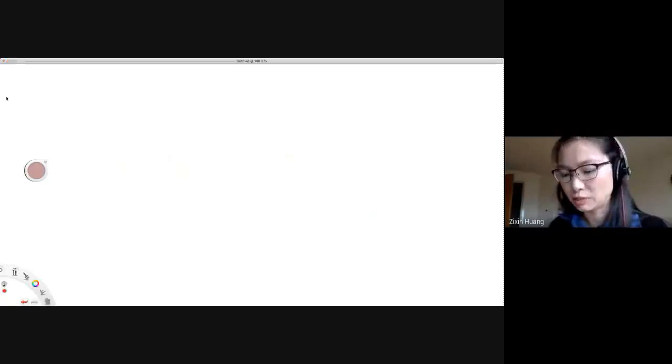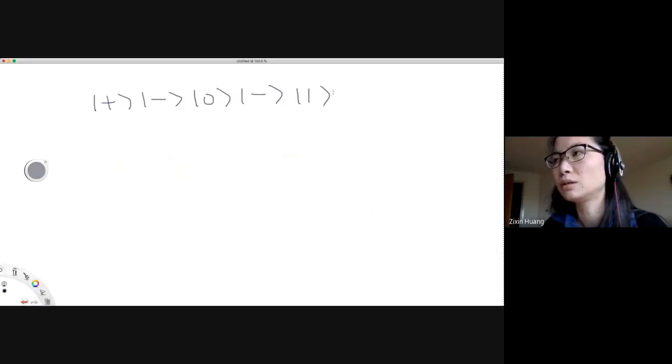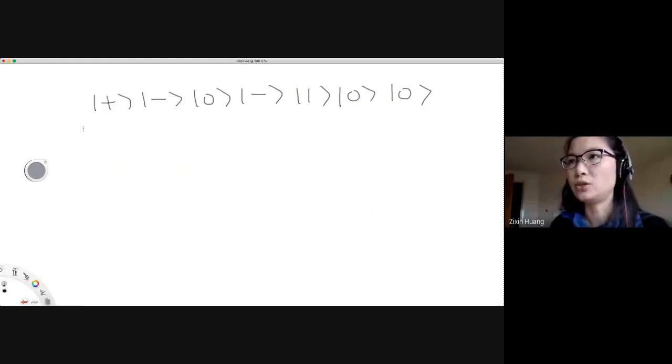For example, if Alice sends this string, let's go 0 and 0. So for example, this is the string of quantum states that Alice has sent to Bob.